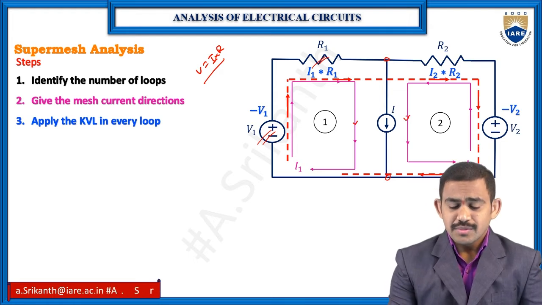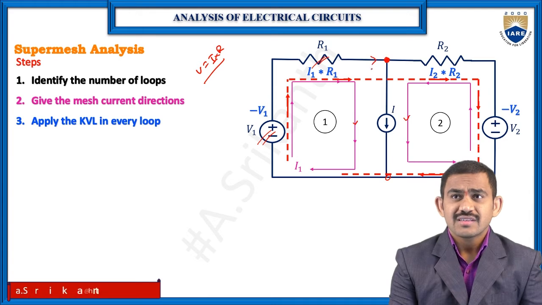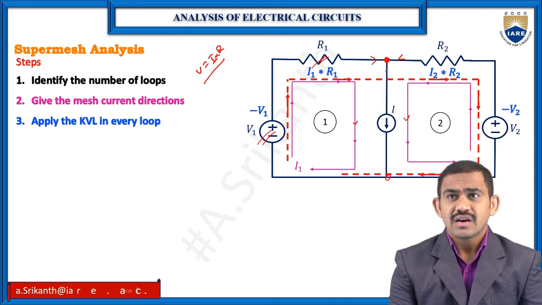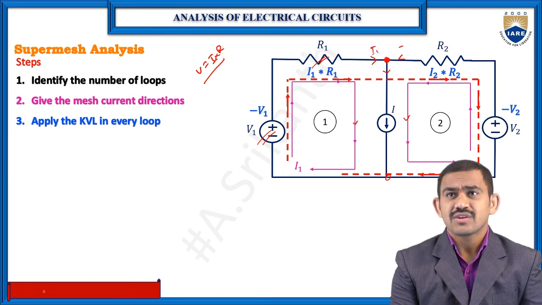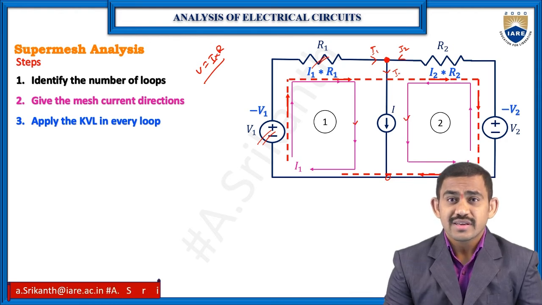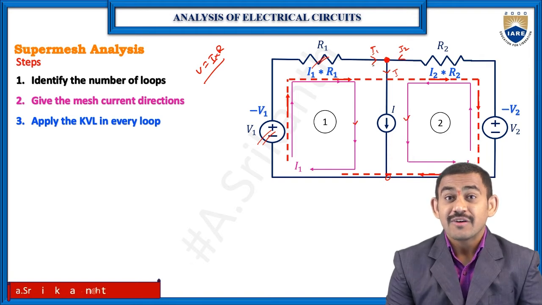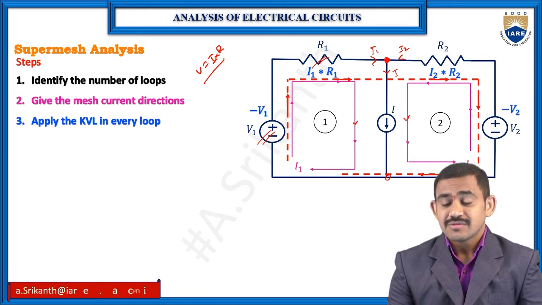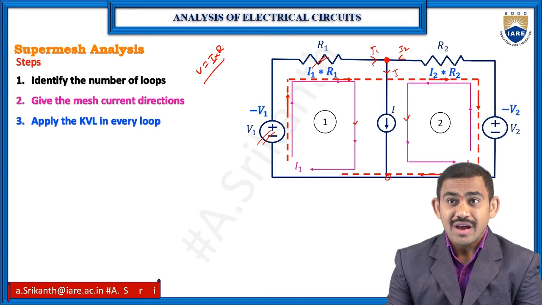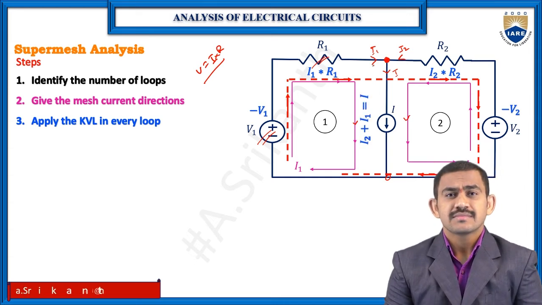Suppose this is your node, at this node we have I1, I2 and I. Then at a particular node, incoming current is equal to outgoing current. So I1 plus I2 equal to your I value. So at the current source we have one equation, that is I1 plus I2 equal to I.